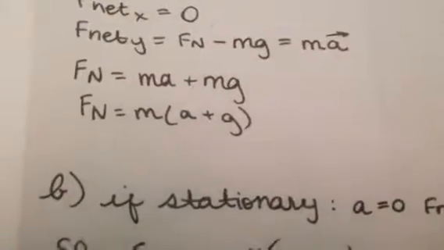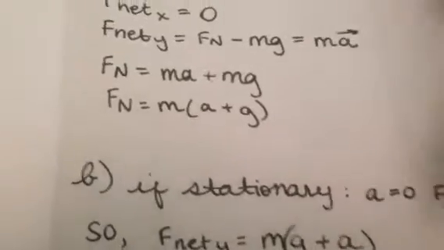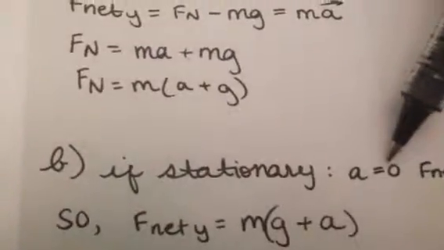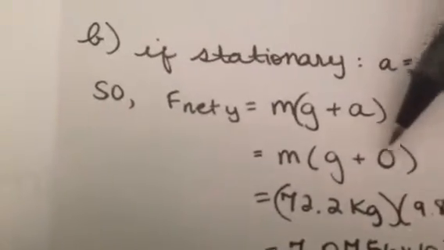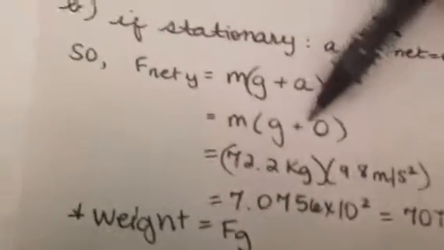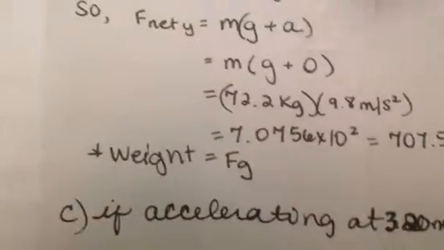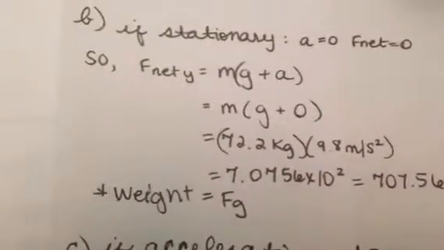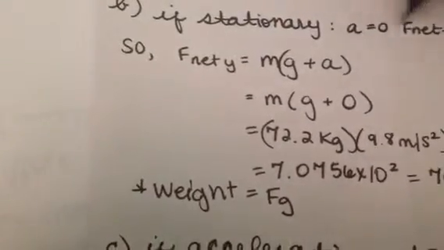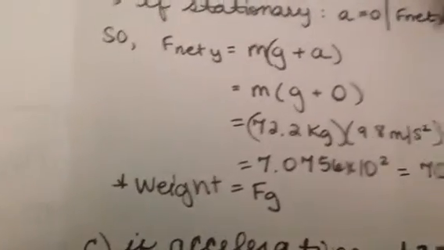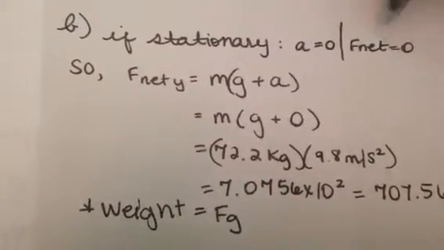However, if he is stationary, acceleration is going to equal 0. And that means that you substitute 0 for a. So we're going to say that an F net does not equal 0 on the scale, but F net would equal 0 in real life.